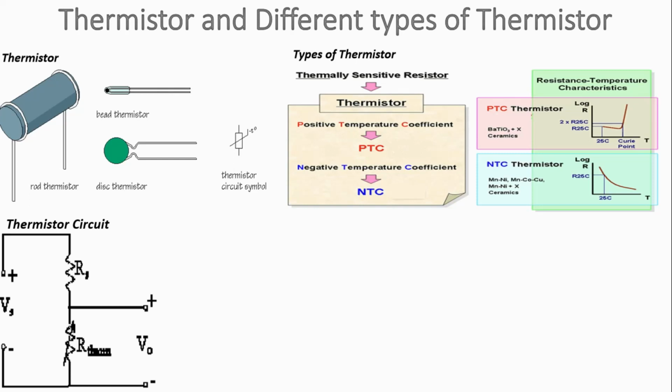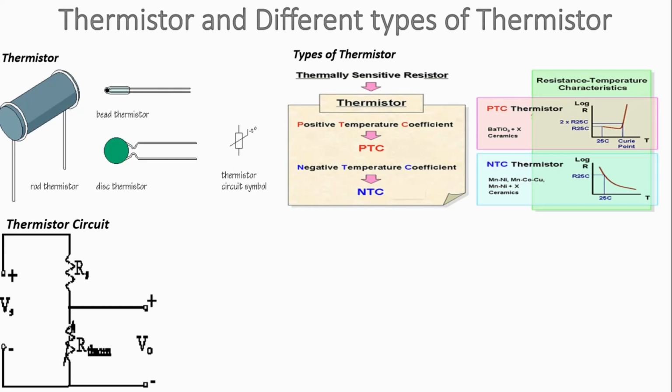Now we will see the second one, that is negative temperature coefficient, also known as NTC thermistors. NTC thermistors that are used in industries are broadly classified into two. This classification is based on the method by which the electrodes are placed on the ceramic body. This main category could be further divided depending upon different types of geometries, shapes, and processing methods.